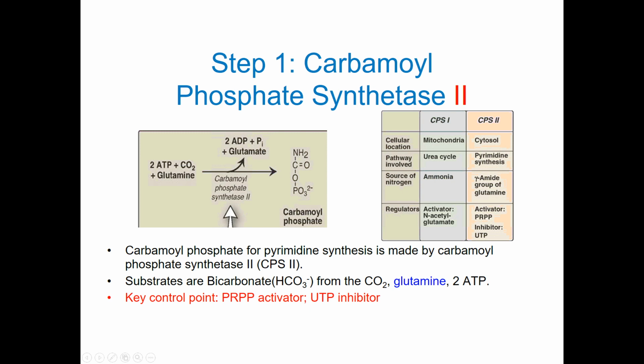This reaction is activated by PRPP. Remember what PRPP stands for. That's that phosphorylated ribose 5-phosphate molecule that we use to build our nucleotides. So high levels of that says, let's make some nucleotides. So we kick up this enzyme activity and make the carbamoyl phosphate. This enzyme is inhibited by UTP. Again, ultimate product goes back and inhibits the initial reactions.